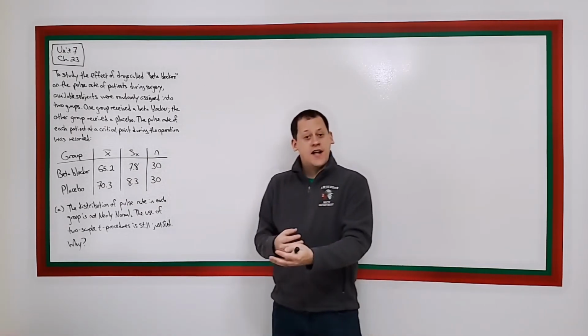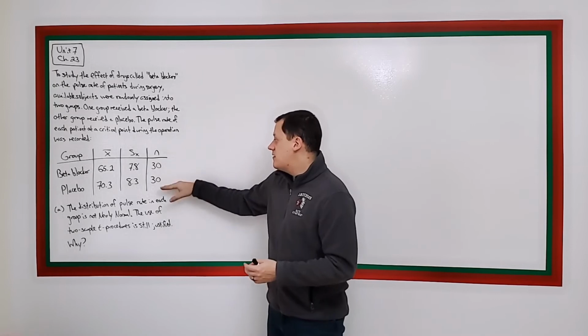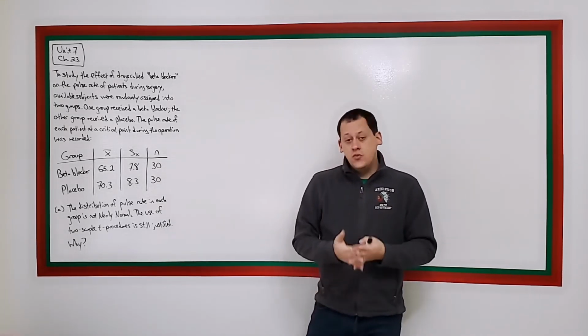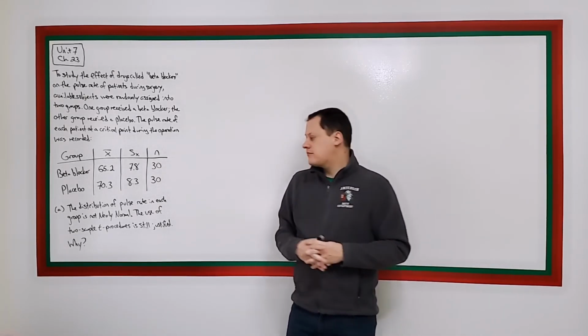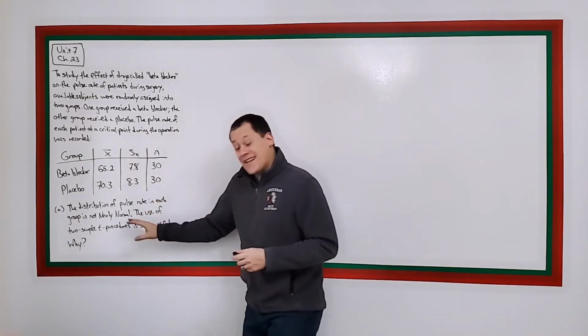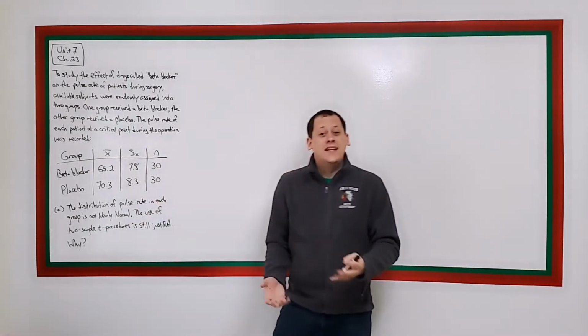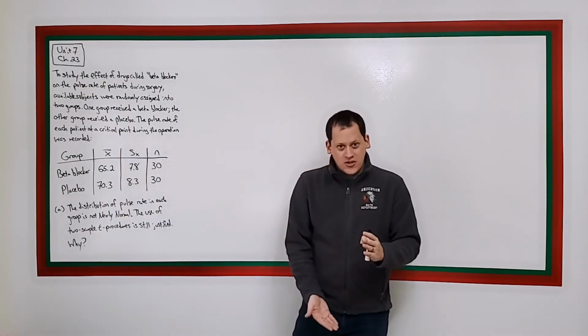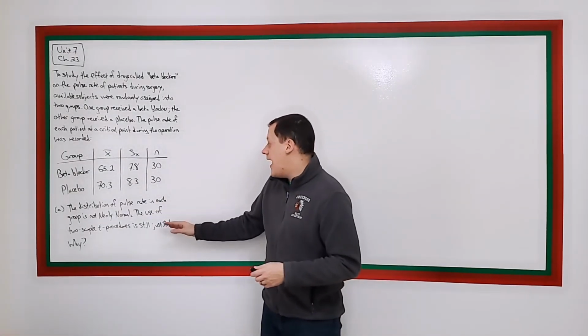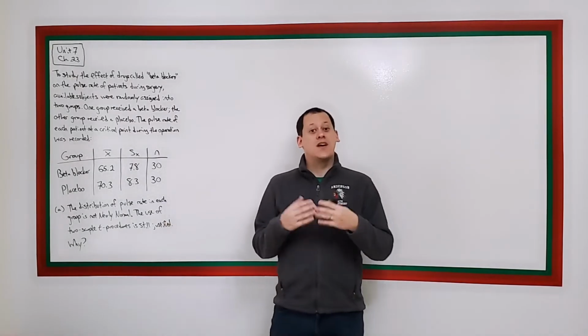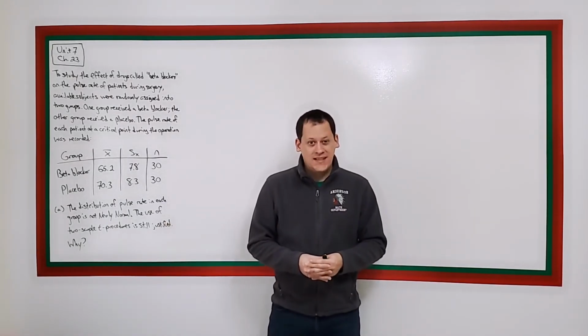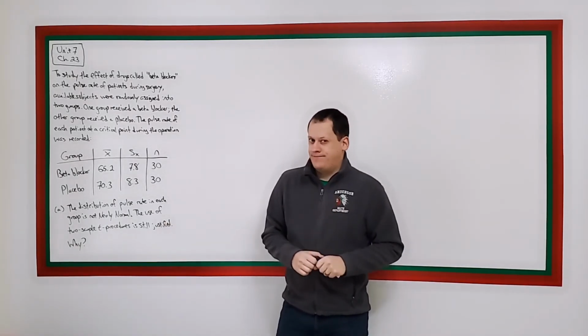If they're paired, use matched pairs. If they are independent of each other, use a two sample T procedure. Okay, so that's set up to this question. But in order to answer this, we need to check all the conditions for a two sample T test or a two sample T interval. I don't think that's going to be too bad.